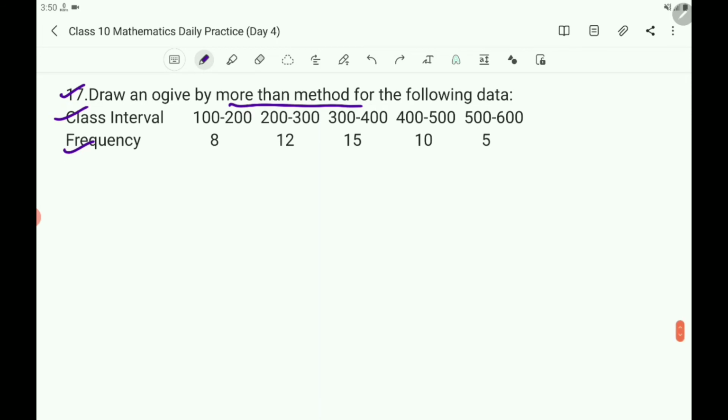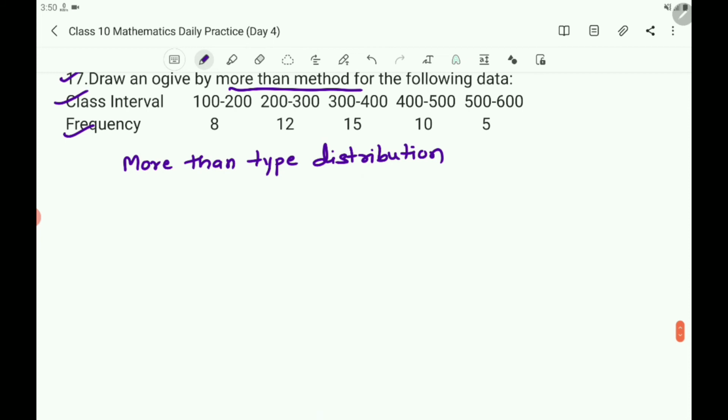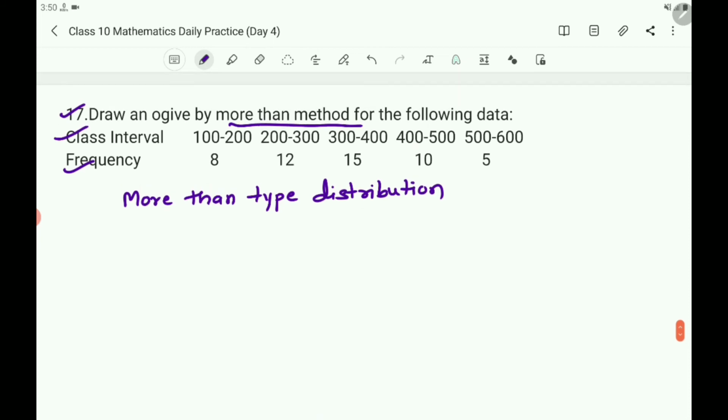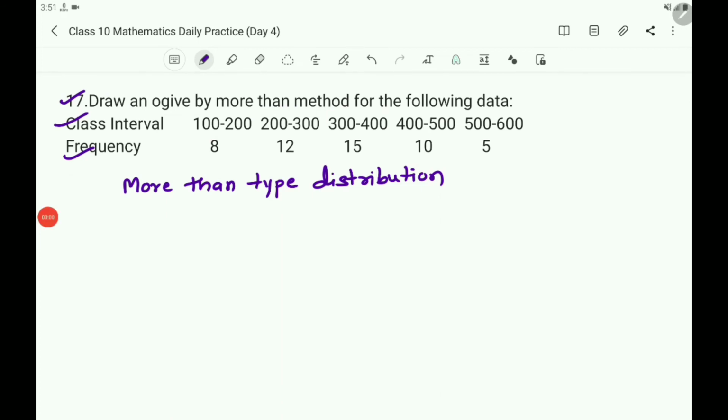So you take the more than type distribution. Here we have to take the lower limit. So you take more than 100, more than 200, more than 300, more than 400, more than 500.